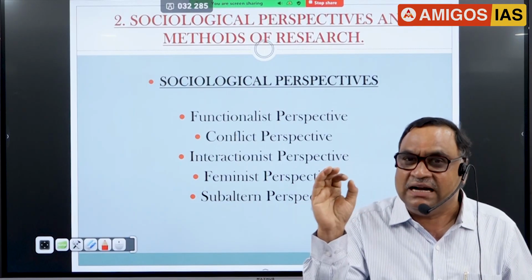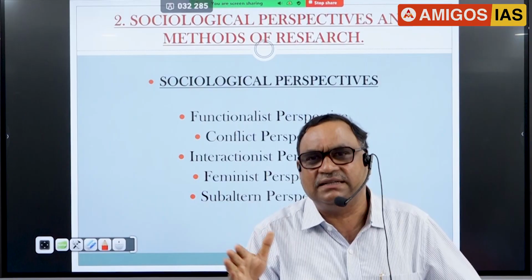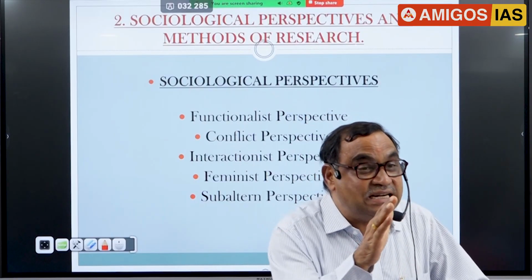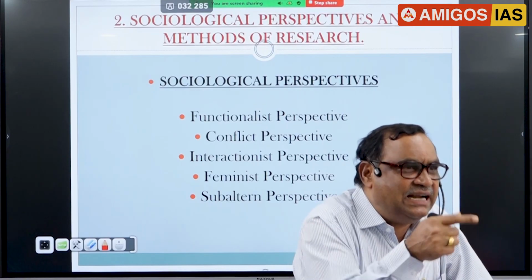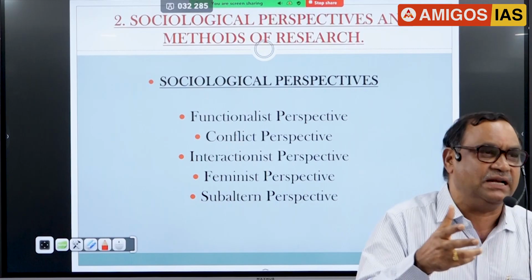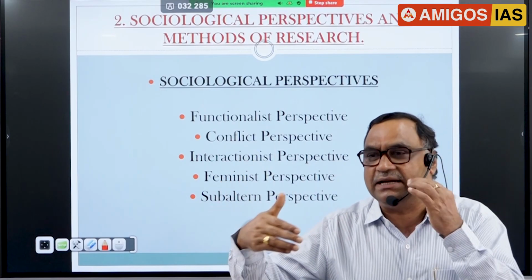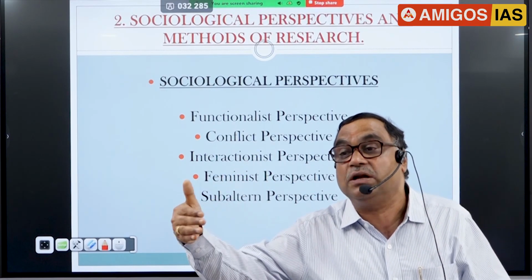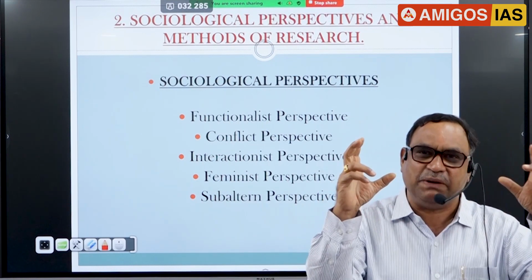And Weber said that Protestant ethical values in the West created the spirit of capitalism, which contributed to the development of the capitalist economy in the West. You see, these three perspectives are different.